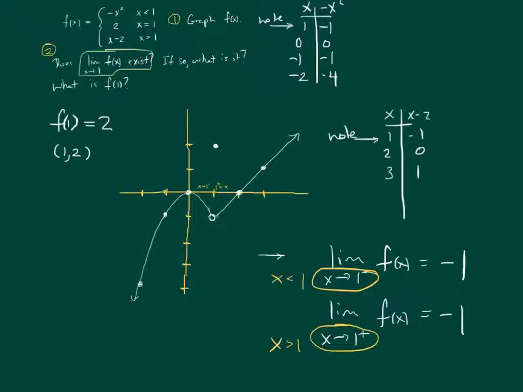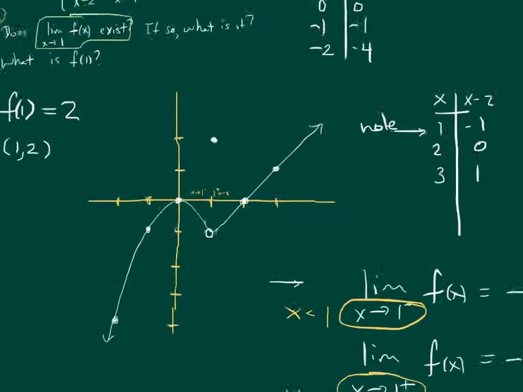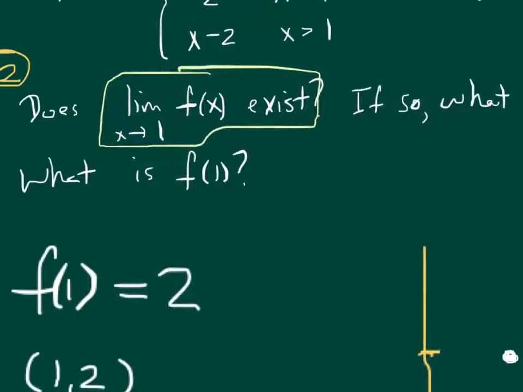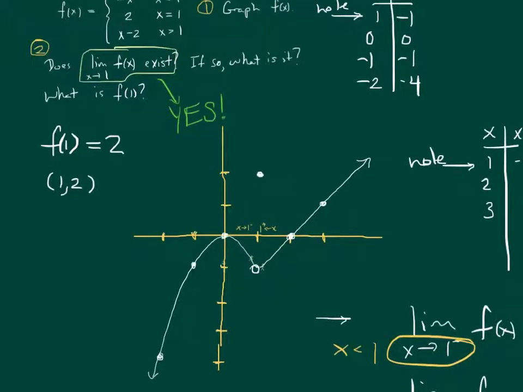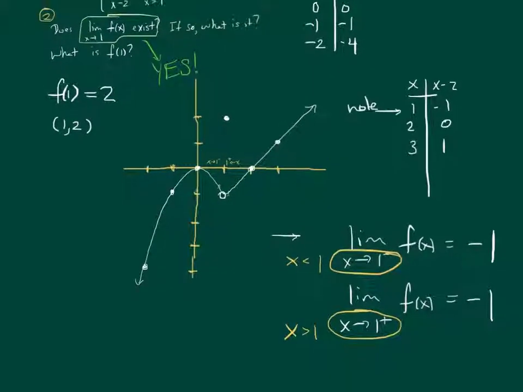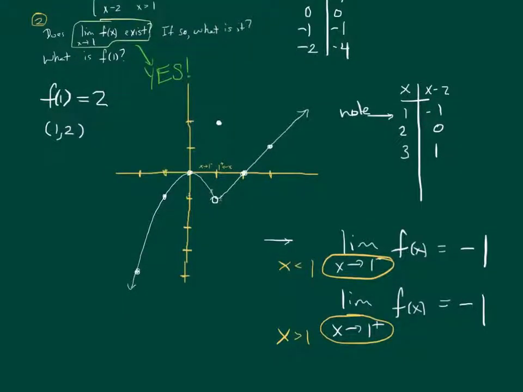So we have thus completed what we need to do to investigate this question. The answer now is yes. The limit does exist, and the reason why the limit exists is because those two are the same, the one-sided limits are equal.